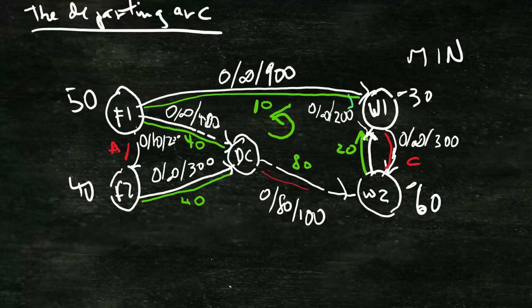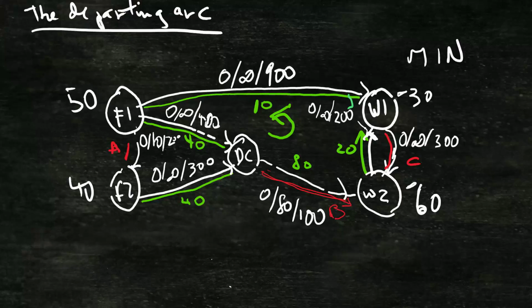And this here would become red. So now we would have the three new non-basic arcs A, B, C. A as before, C as before, and B is now the new departing arc.